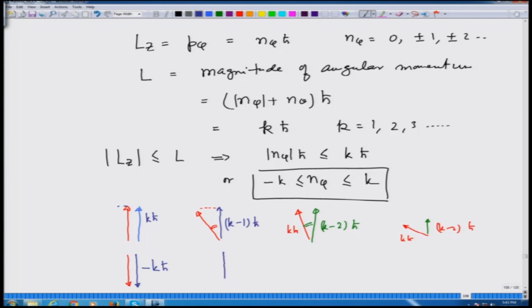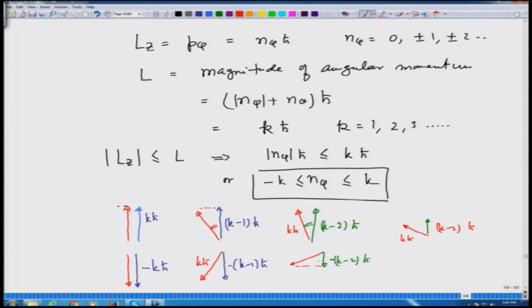I could also have minus (k minus 1) h cross for the z component, with the angular momentum pointing this way. I could also have (k minus 2) h cross in the negative direction, and the net angular momentum pointing this way.